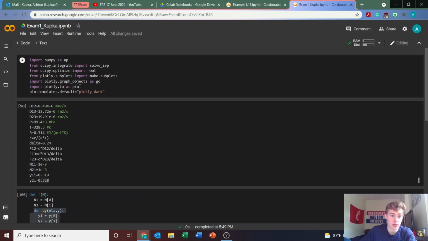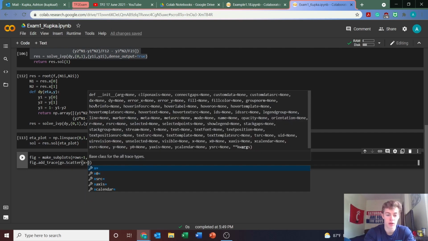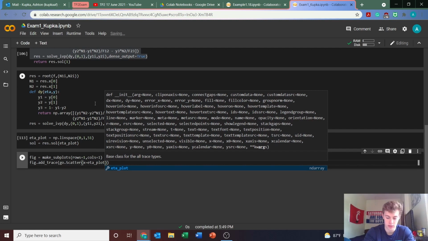Remember we had the graph objects, so we're going to use graph_objects.scatter because we want a scatter plot, and then our x is going to equal eta_plot.